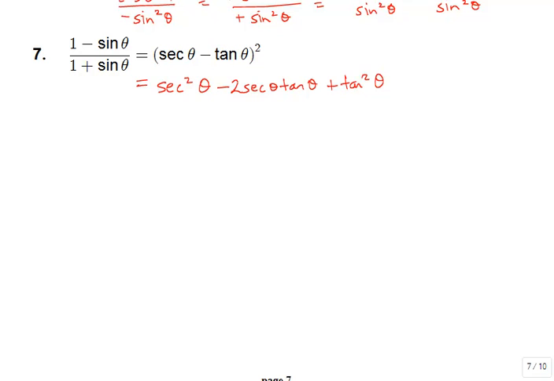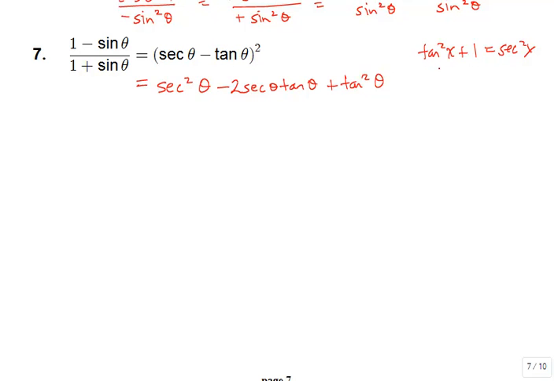Now at this point, what I would want to do is try and use some of those identities if I can. And you have some choices here. We know that tangent squared x plus 1 equals secant squared x. So do we want to replace the secant squared and turn it into tangents, or do we want to turn this tangent into secants? It's up to you.